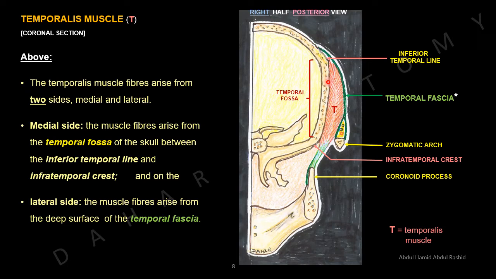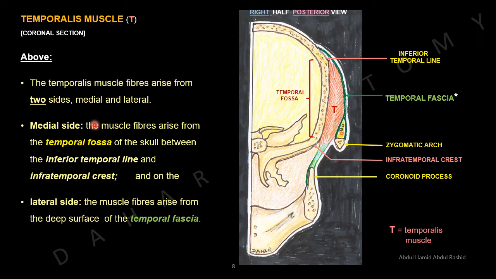This is the medial surface, the temporal fossa, between the inferior temporal line and the inferior temporal crest. We have already mentioned this one. So let's talk about the attachment of the temporalis muscle. Above, the muscle fibers come from two sides, medial and lateral.